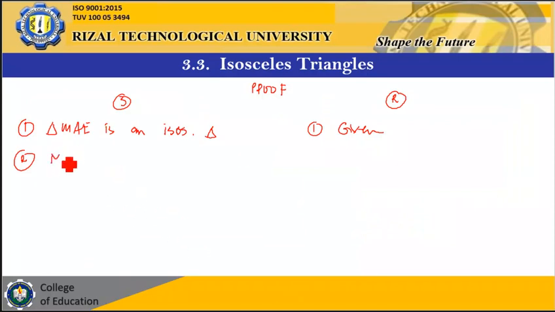So segment MA is congruent to segment EA. This is because of the definition of an isosceles triangle.